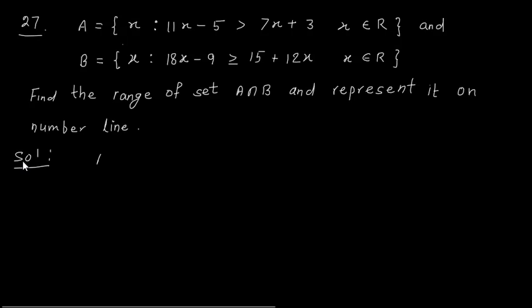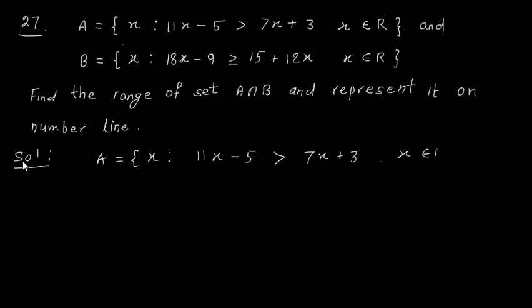First we write A. A is a set of all x where 11x minus 5 is greater than 7x plus 3. x is given, it belongs to real number.